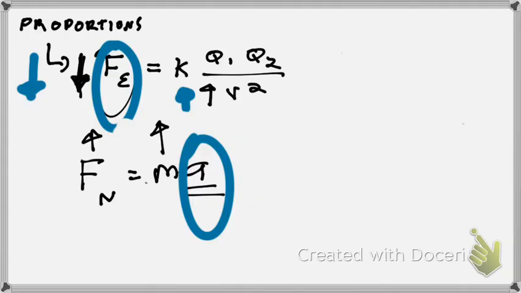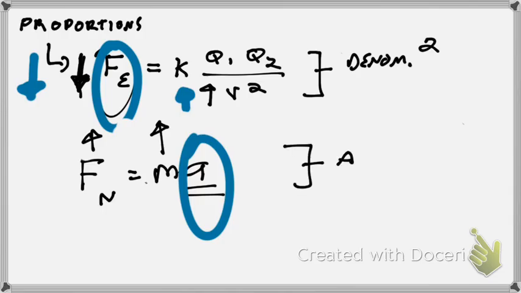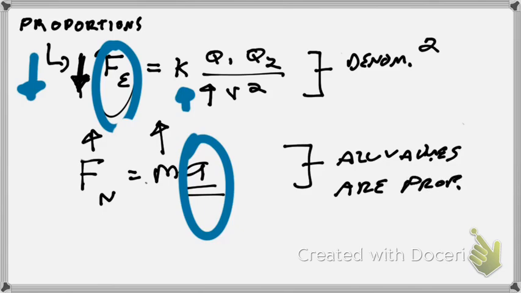Here, in our electrostatic force example, that's not true because the denominator is squared. And here, all values are proportional. So there's a difference.